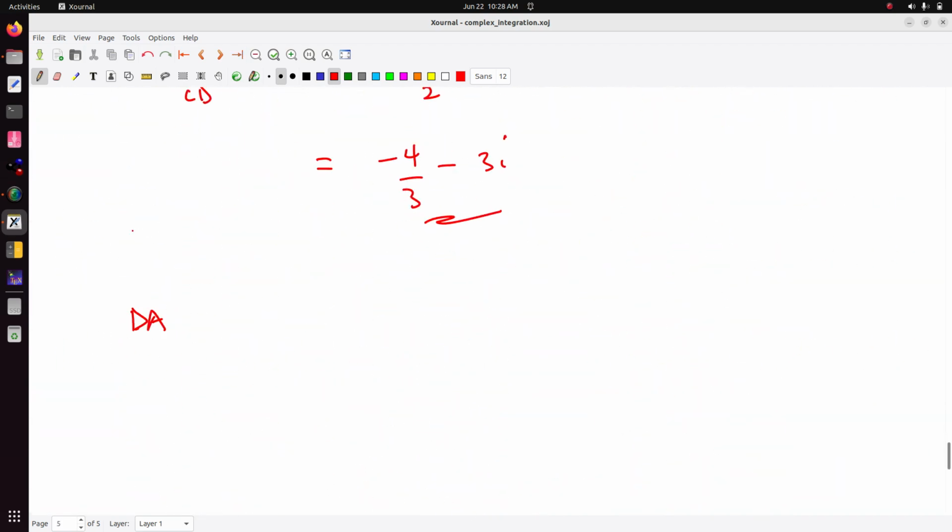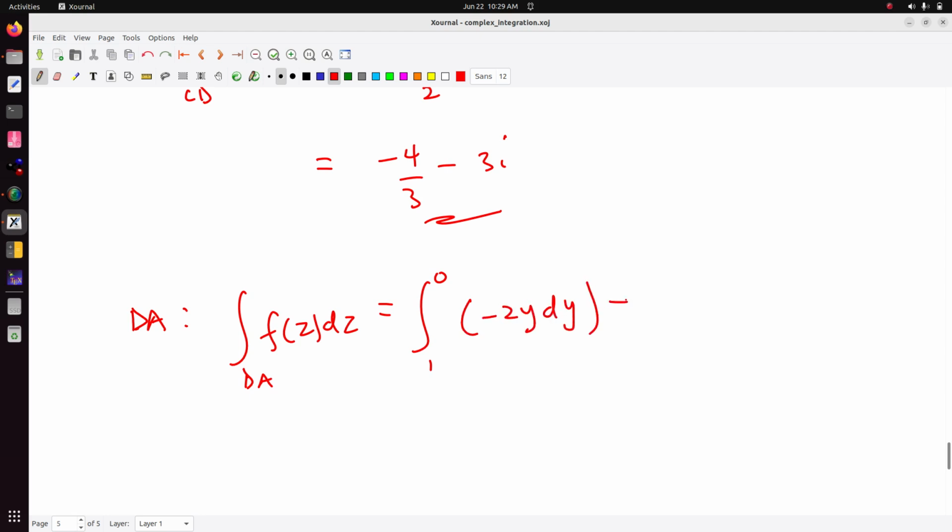So the integral from D to A of f of z dz will be, from 1 to 0, the remaining terms: 2 minus 2y dy plus i integral from 1 to 0 of 1 minus y squared dy. If you carry out the integration, you have 1 minus 2 over 3 i.